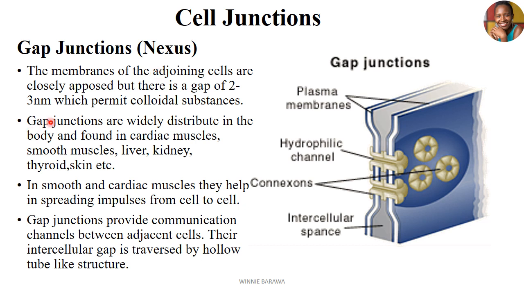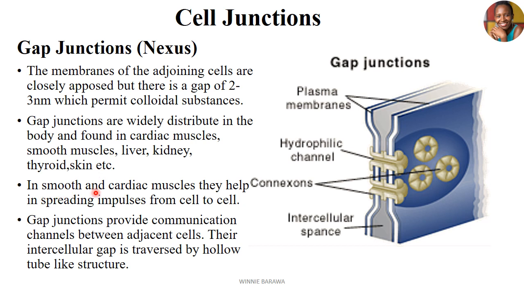The gap junctions are said to be widely distributed in the body, and you can find them in very many places, e.g. in the cardiac muscles, smooth muscles, the liver, the kidneys, and also the thyroid glands and skin. The main reason is that this allows materials to cross.